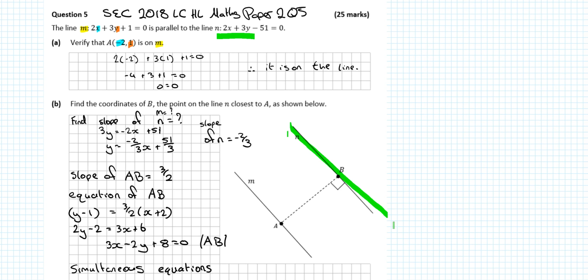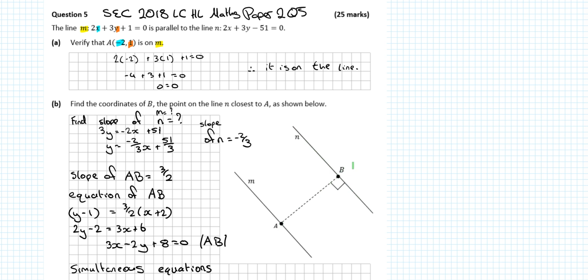We know the coordinates of A, and we know everything about M. They've actually helped us out an awful lot with this dotted line here, this perpendicular distance. That's a bit of a hint, because if we could find the equation of this green dotted line, we could then find B by doing a simultaneous equation between this line and that line there, N.